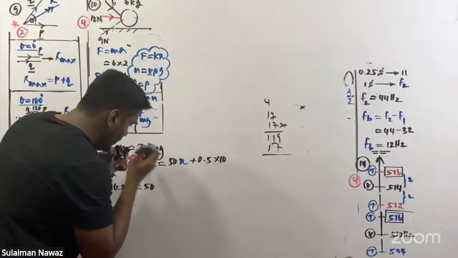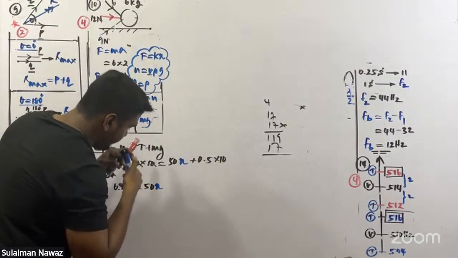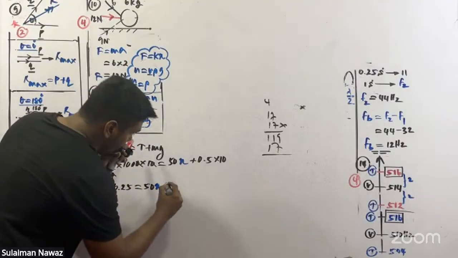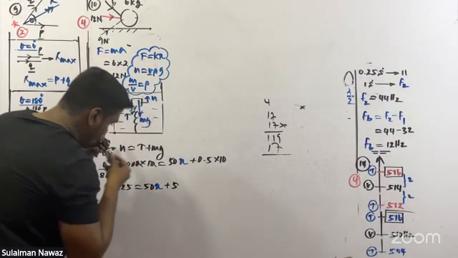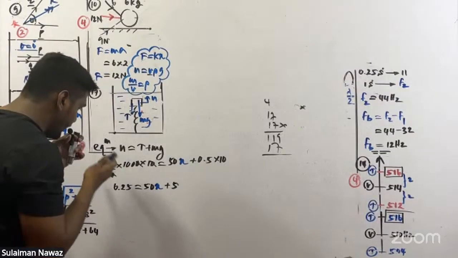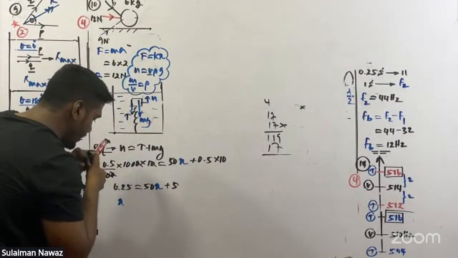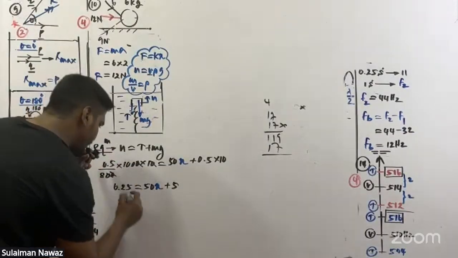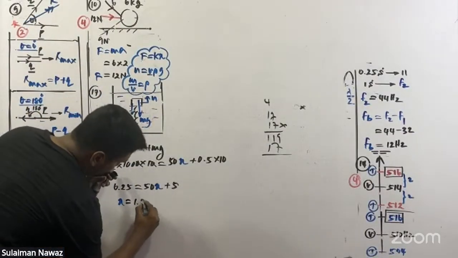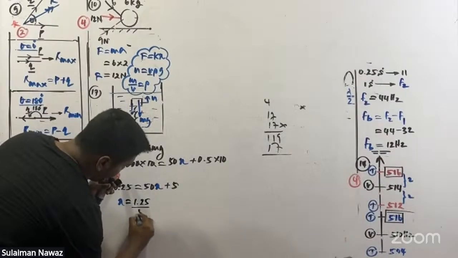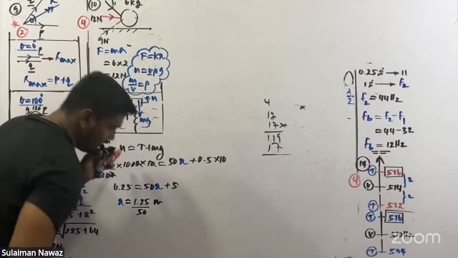When we simplify further, 6.25 minus 5 means 1.25, so x is going to be 1.25 over 50 meters.